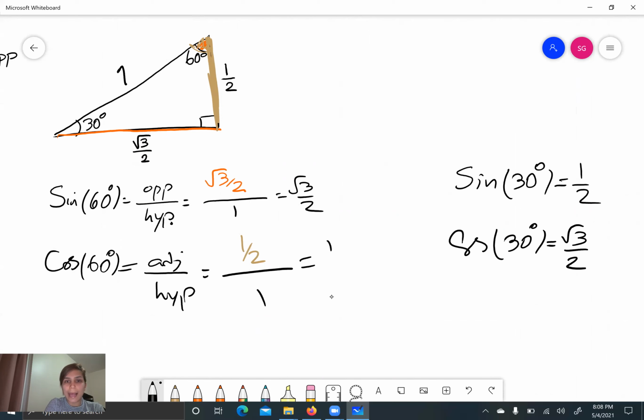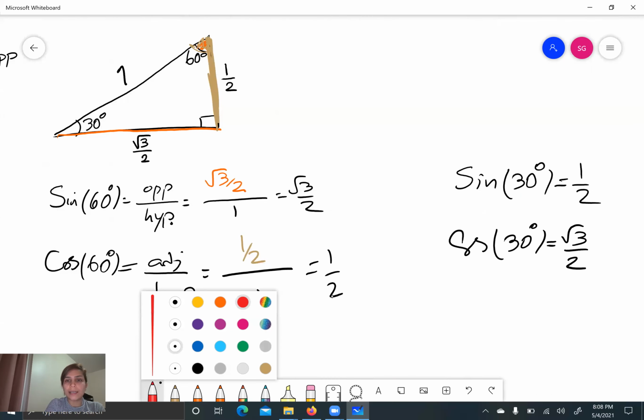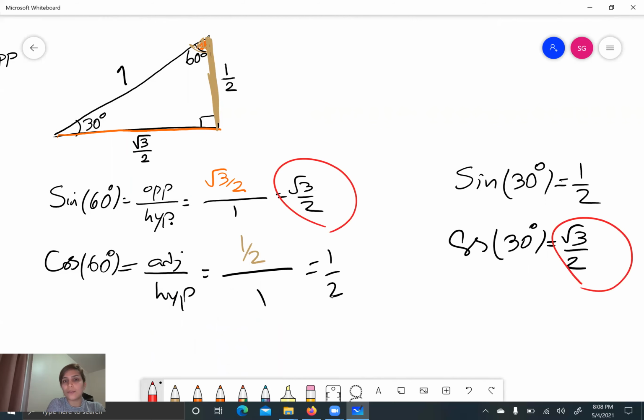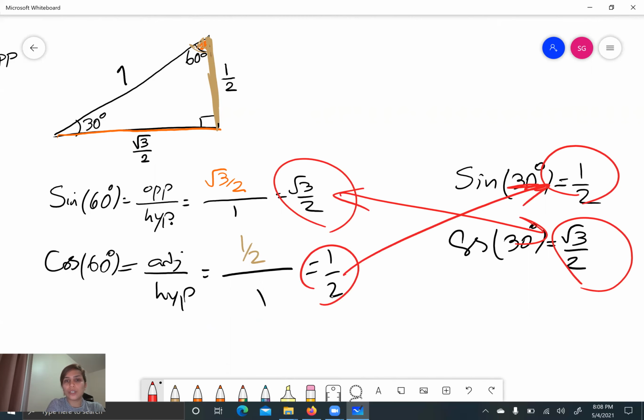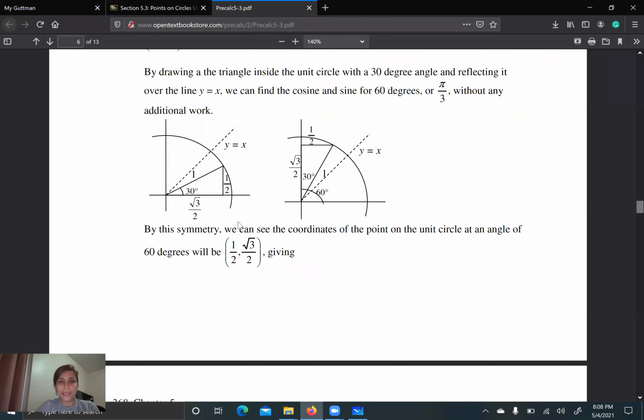So do you see that when you have 30 and 60, we are switching the cosine and sine values? It's like switching the x and y values. That's what's happening here.